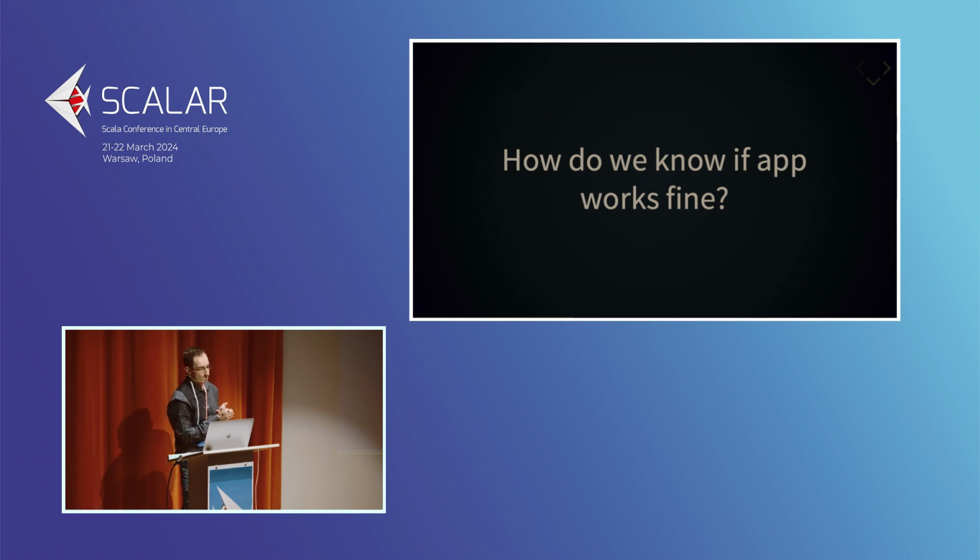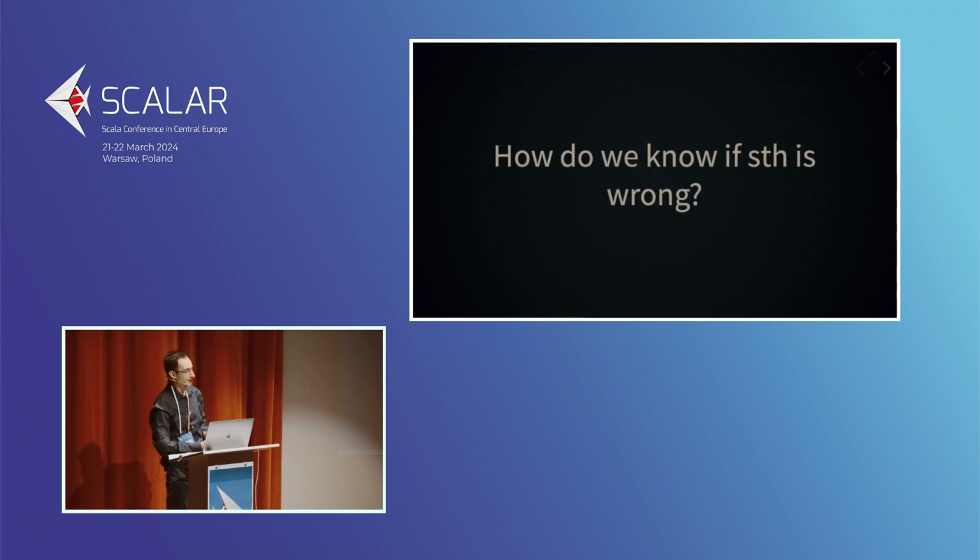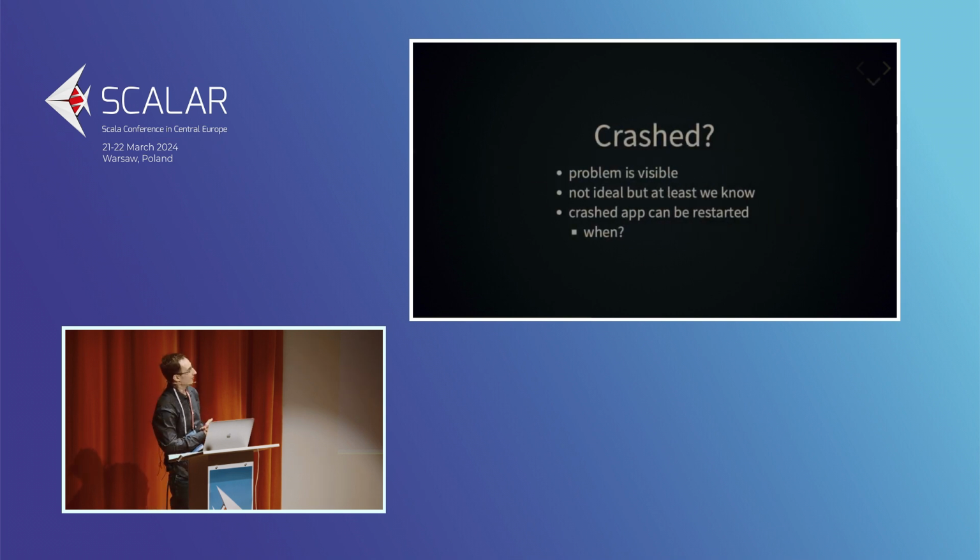Okay. Let's now think, how do we know if our app works fine? Of course, it's deployed somewhere, it's running. Or let's revert the question. How do you know if something is wrong, actually? If our app crashed, you know what it means, right?